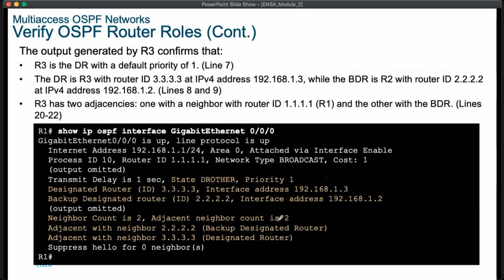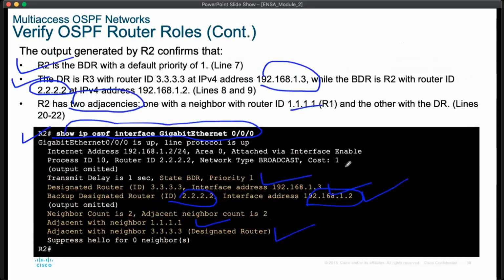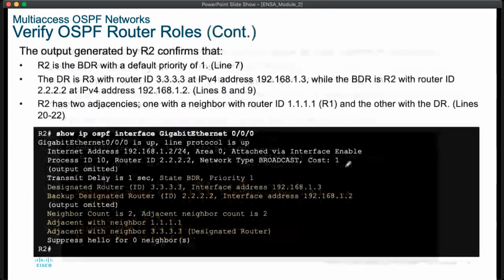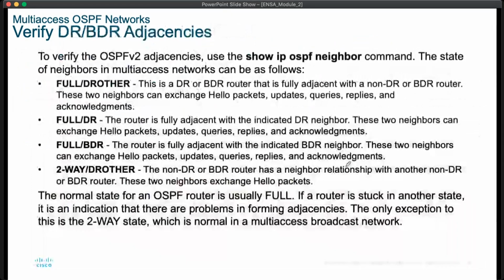The output generated by R3 confirms that R3 is the DR with the default priority of 1, which is line 7 here. Say again, this one for R3, it is not the one. It could be wrong. This one is actually R1.